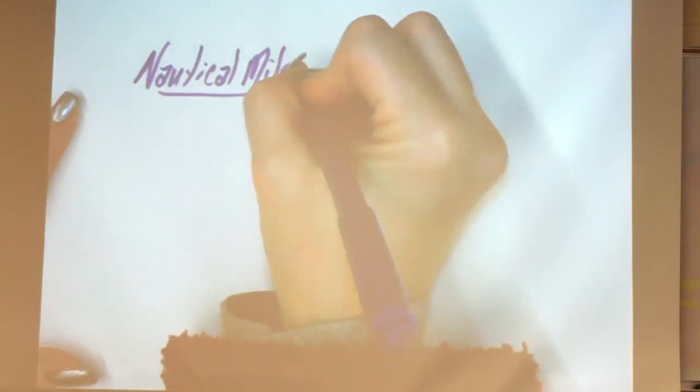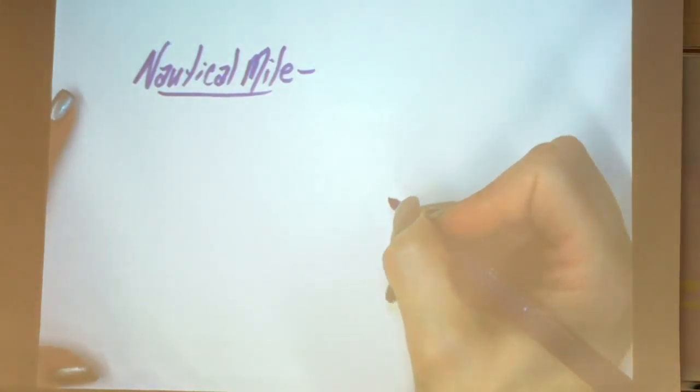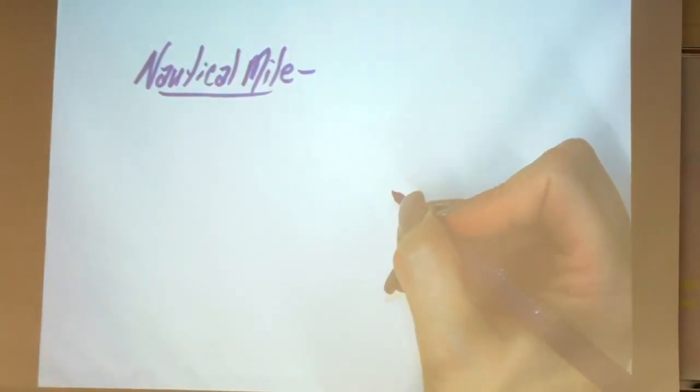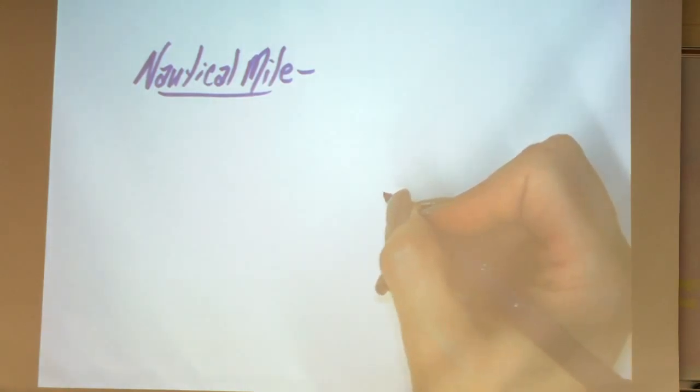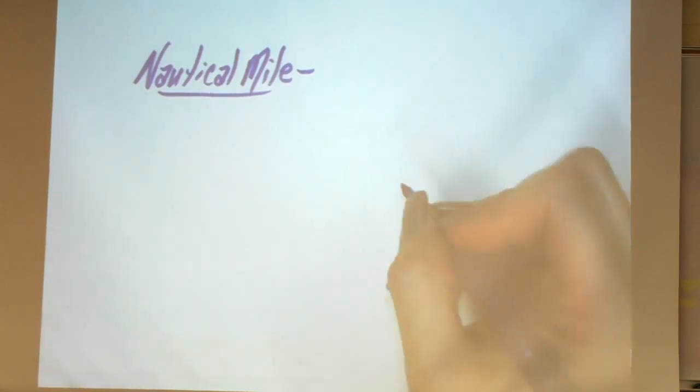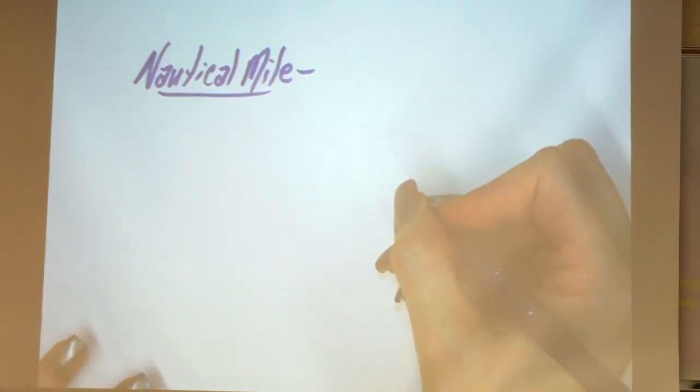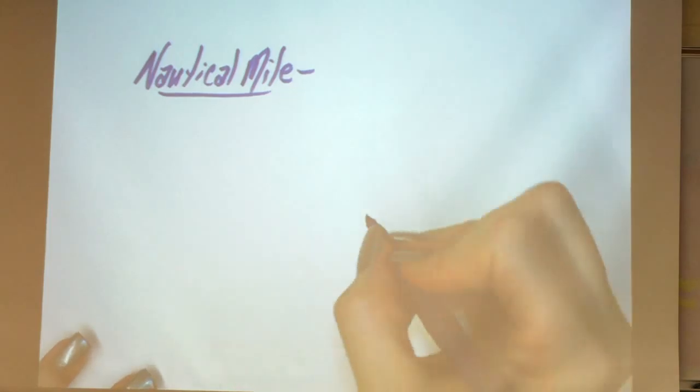A nautical mile is used when we're talking about flying, so flying planes, or it's used when we're talking about boats and sailing or driving a boat. That's when nautical miles are used, okay?